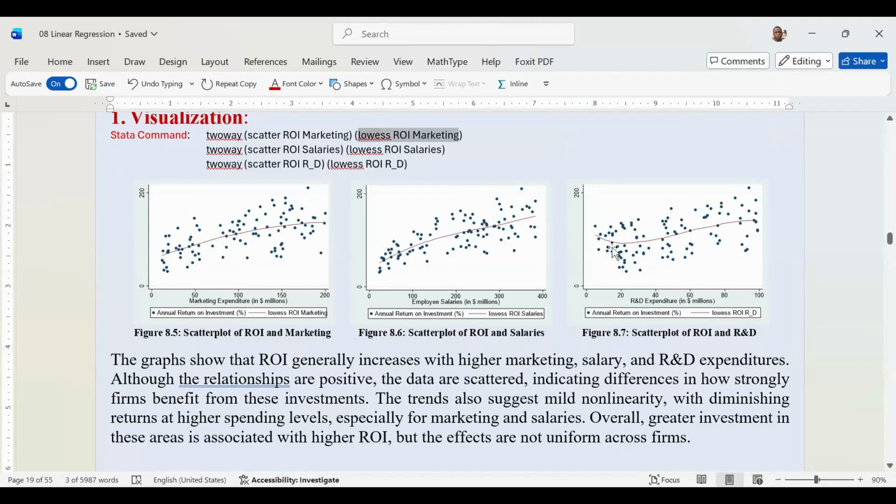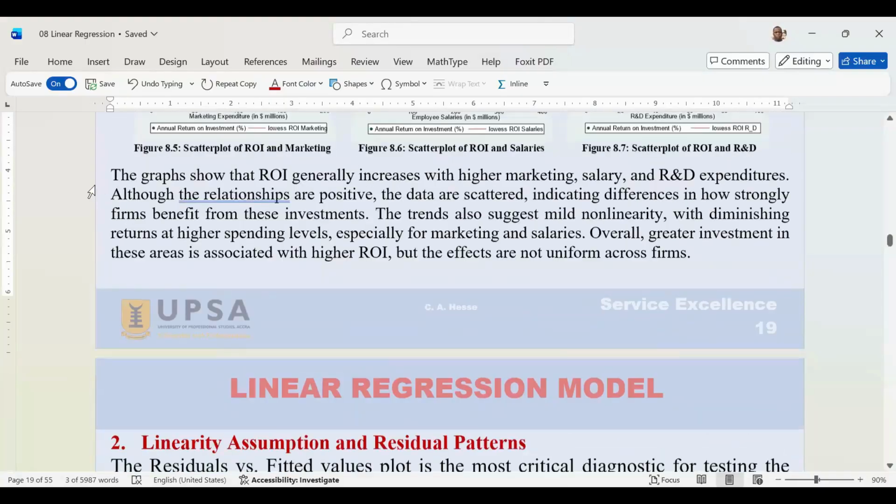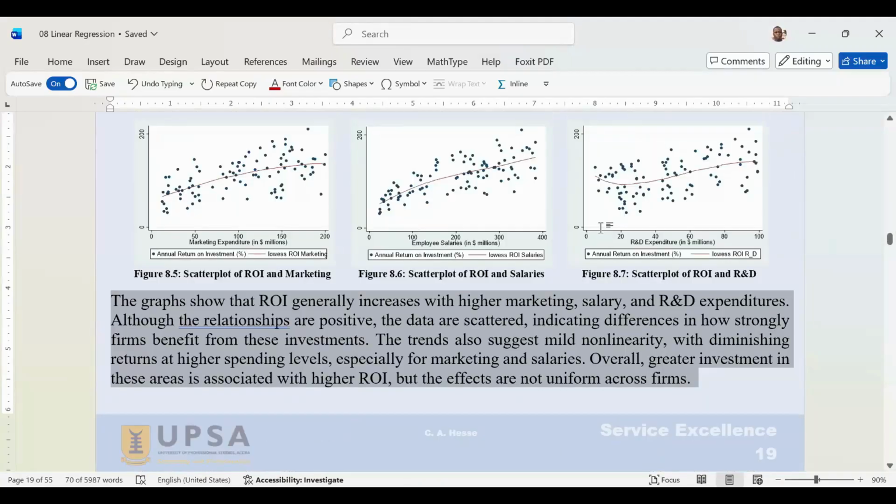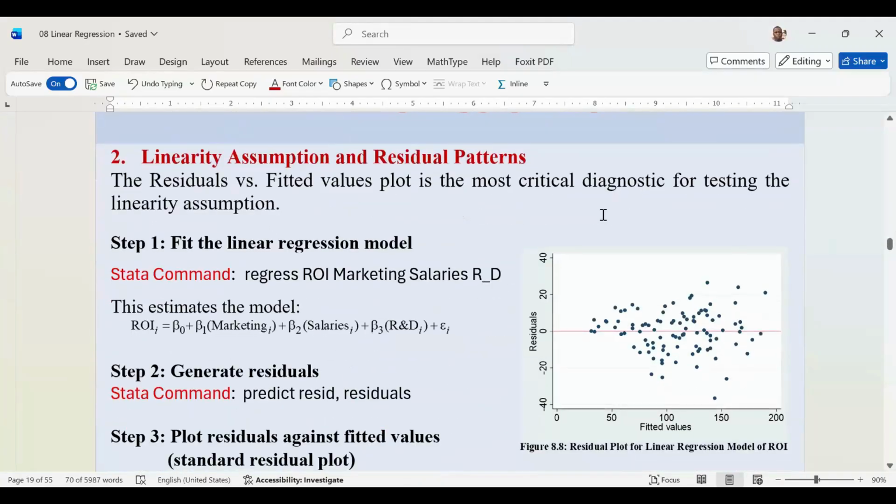It tells you whether the relationship is really linear or not. The red line shows some kind of linearity in our plots. Can we move on? That's the description I'm giving here, a quick description of all the 3 graphs.